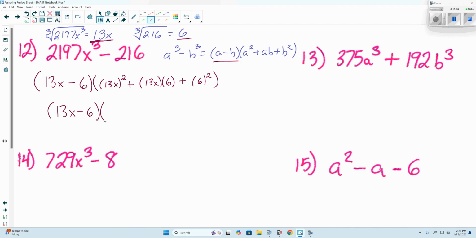Now that 13x minus 6, 13x squared. We have to square 13. 13 times 13 is 169. X squared is just x squared. Middle term, 13 times 6, 78. And we have our 6 squared, which is 36.